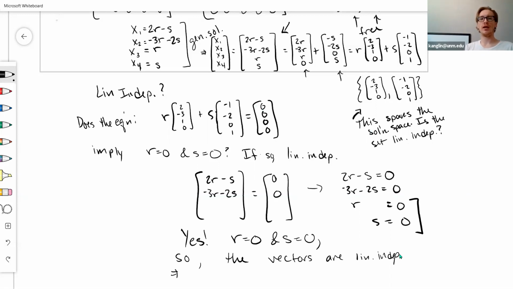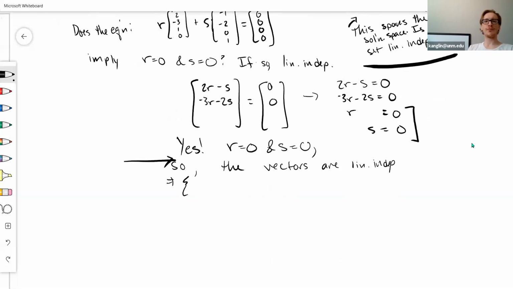Right, and what does that mean? We've already said that this set of vectors here spans our solution space to the homogeneous system we started with. Here we showed that the set of vectors is linearly independent. Therefore, the set of vectors here, I'm writing them as columns. You could write them as rows.